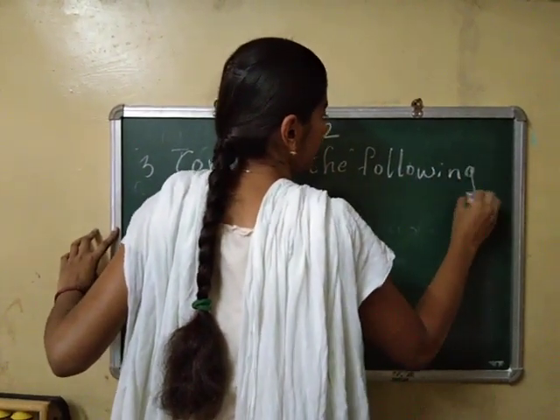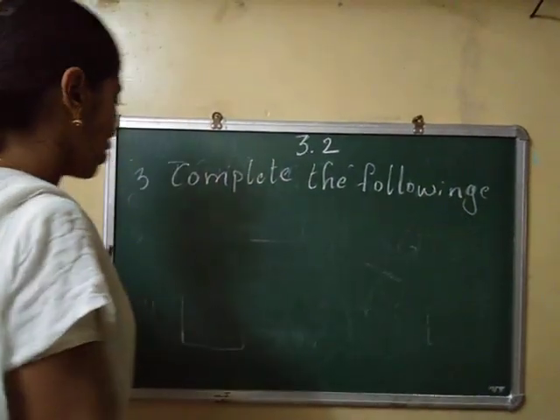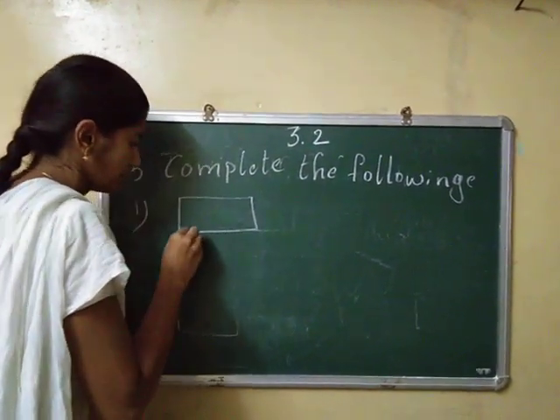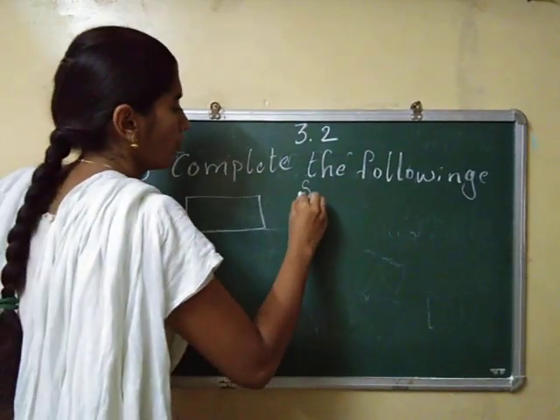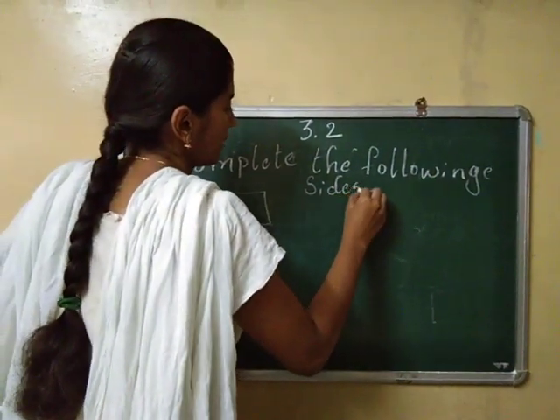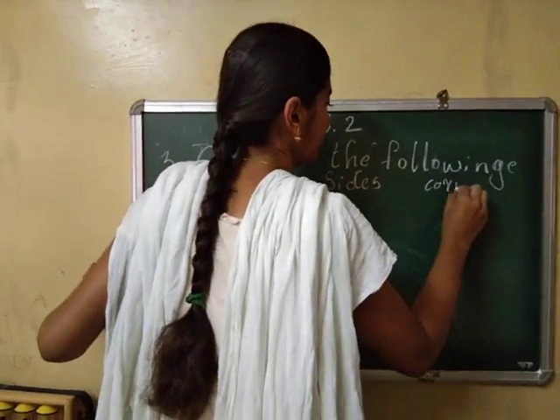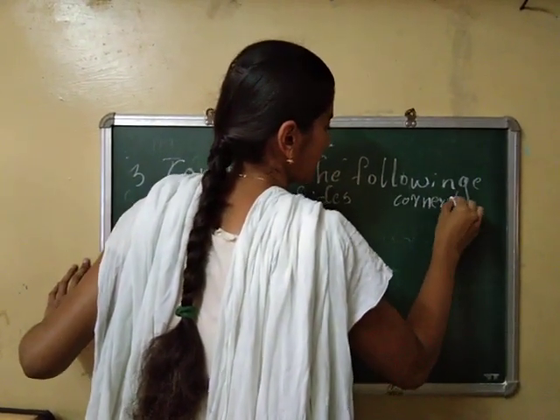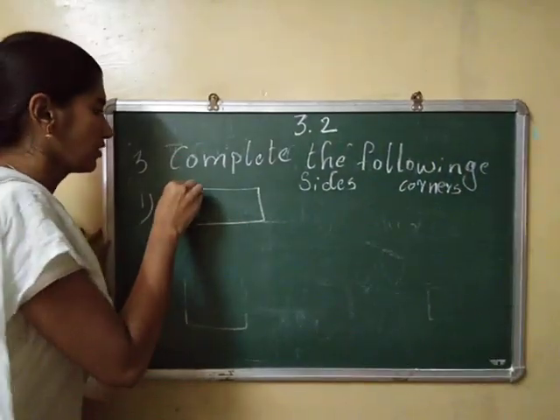We just have to identify how many sides and how many corners are here. For example, here we have a rectangle. So we have to find how many sides are here and how many corners are here. It's very easy. So in a rectangle, how many sides?